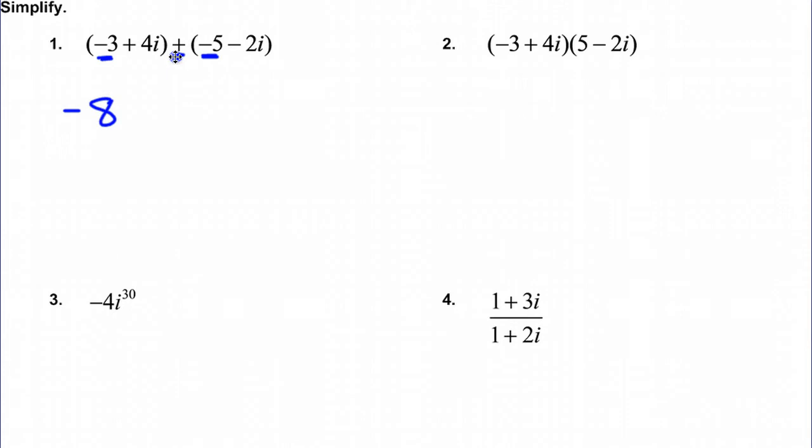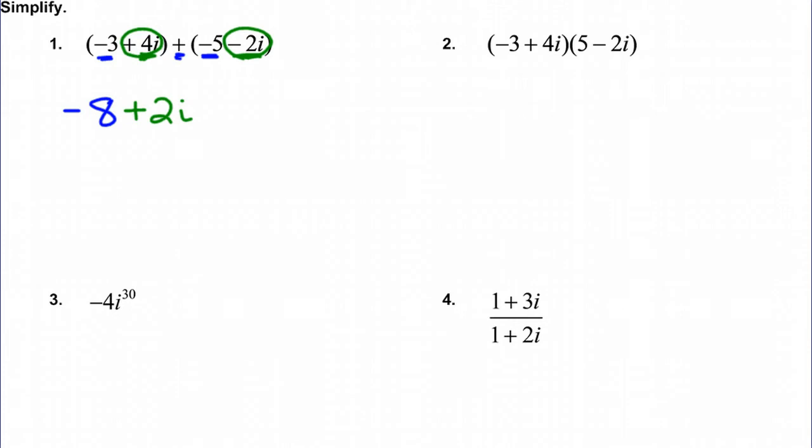In addition to that, we're now going to take the positive 4i and the -2i and combine those. Well, positive 4i and -2i will make 2i.